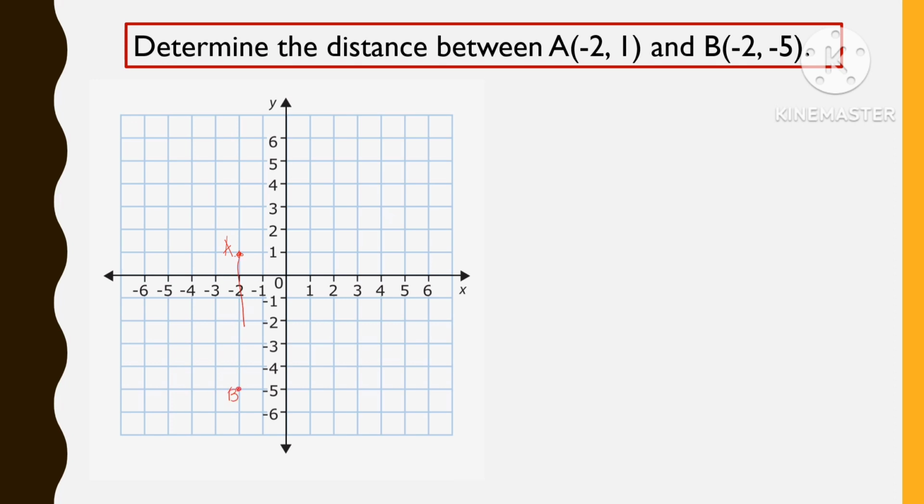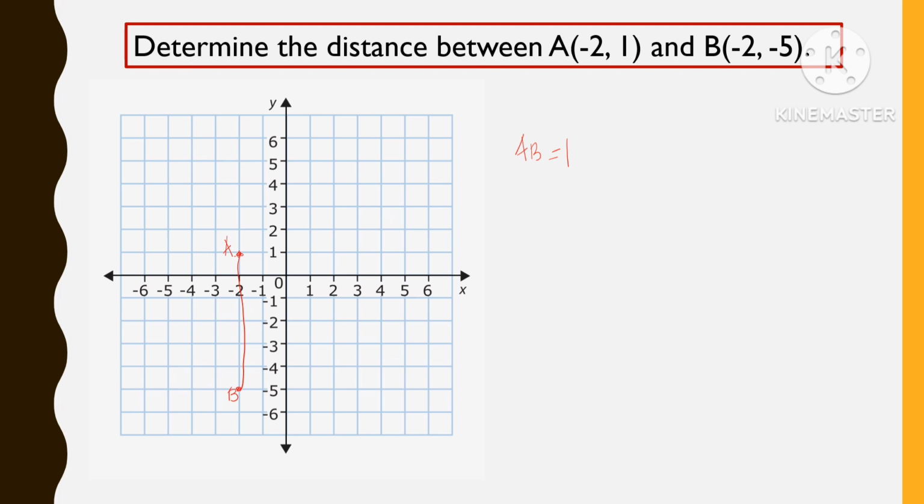Point B. Okay. That is a vertical line. So if we try to determine the difference of point A to point B, we will just get the difference of their y-coordinates.